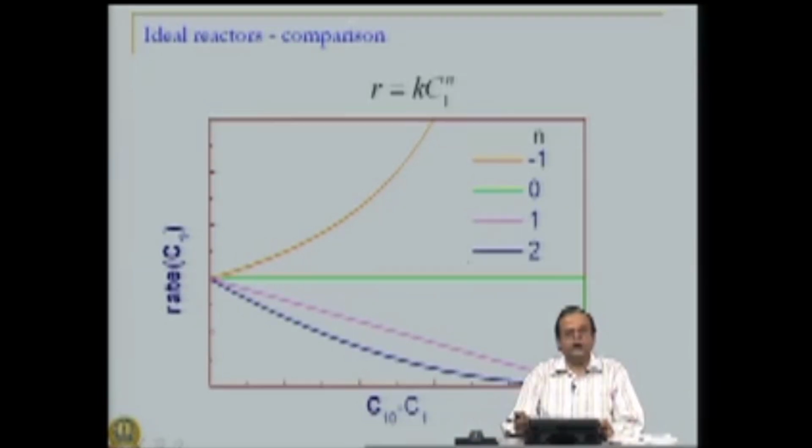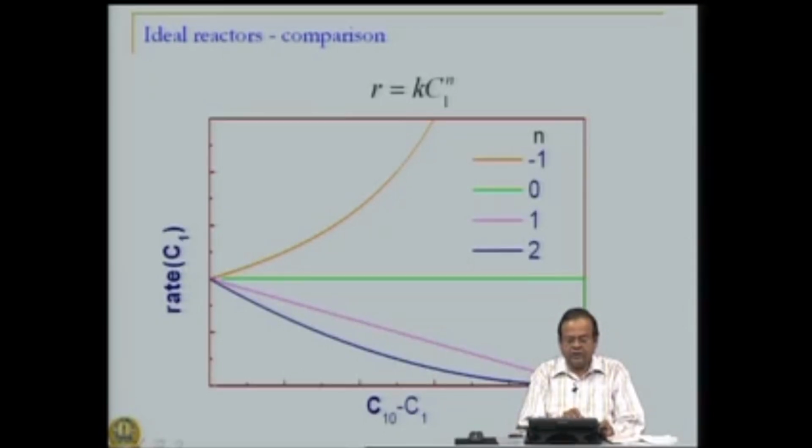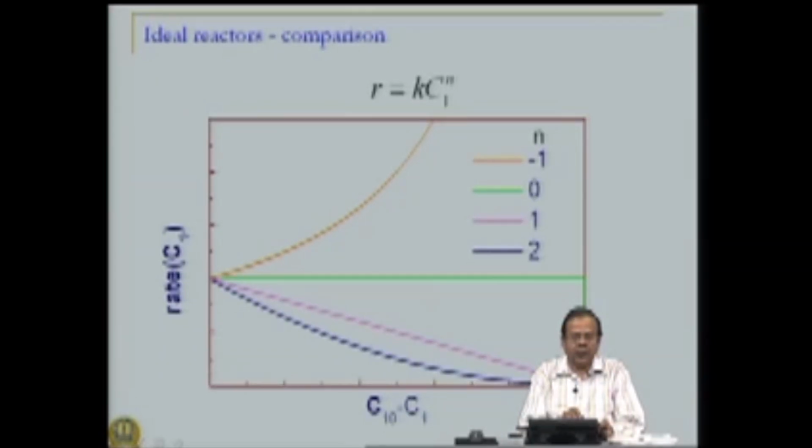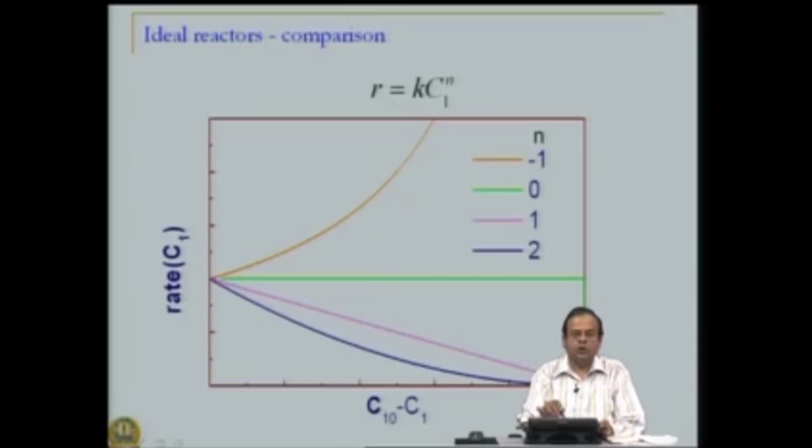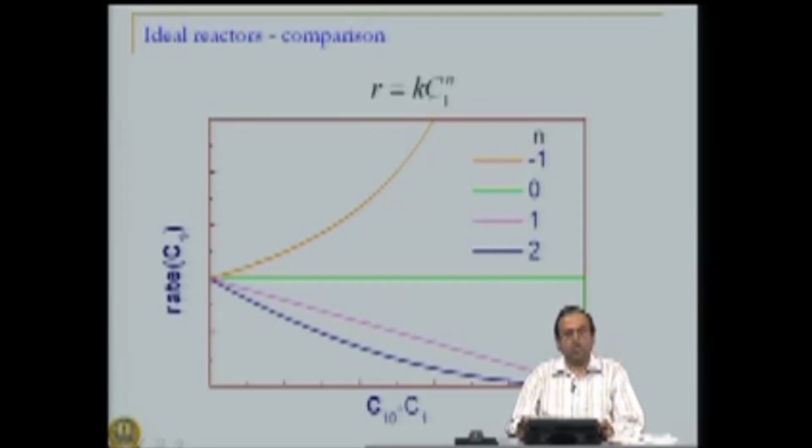To do that, we need certain kinetics, and what we see here in this particular plot, on the y axis, is rate as a function of concentration of C1, and we are going to assume that rate follows power law kinetics. So, we have R equal to K into C1 raised to n.